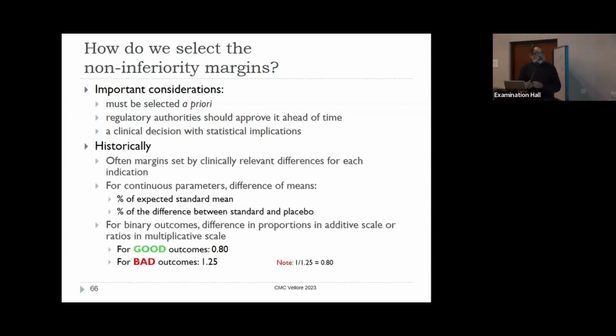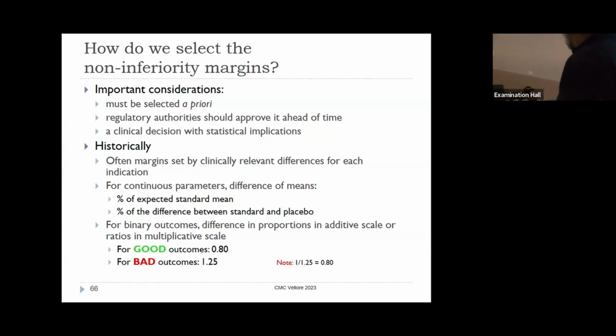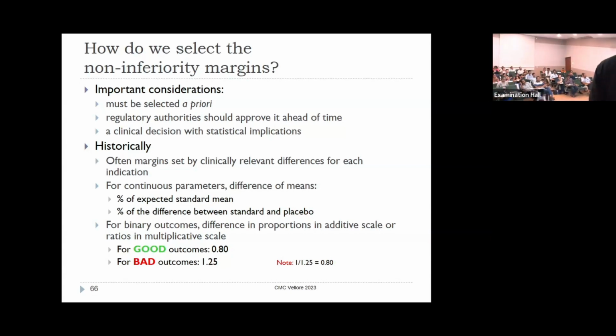So often these were set by clinically relevant difference for each indication, and people would do it on their own. But then the regulatory agencies came out and said, well, if you're doing means, usually you have to say the standard expected mean or difference between standard and placebo.